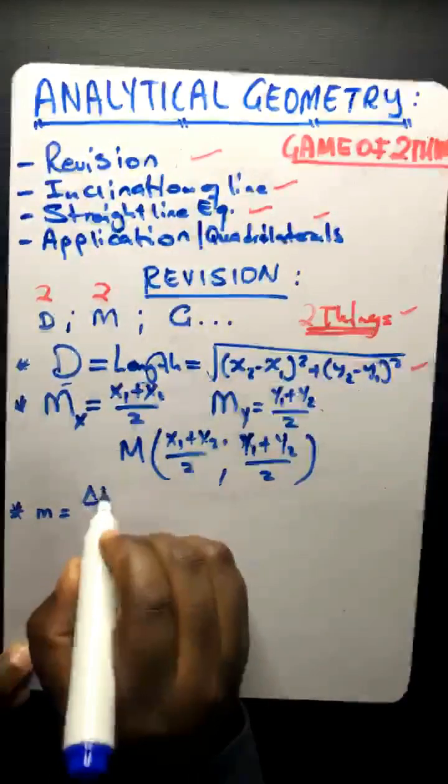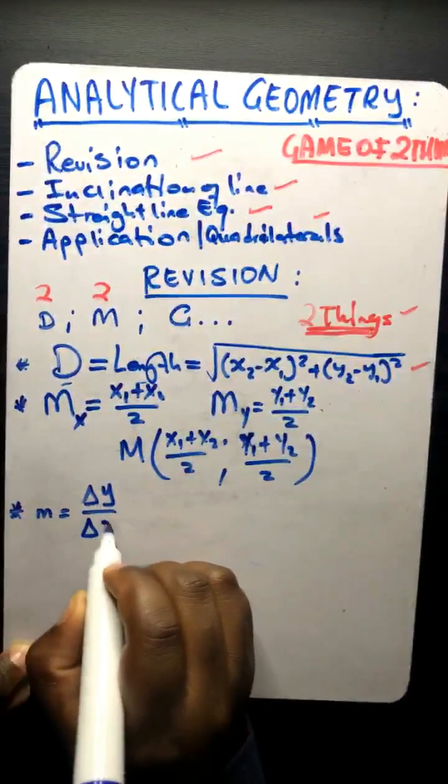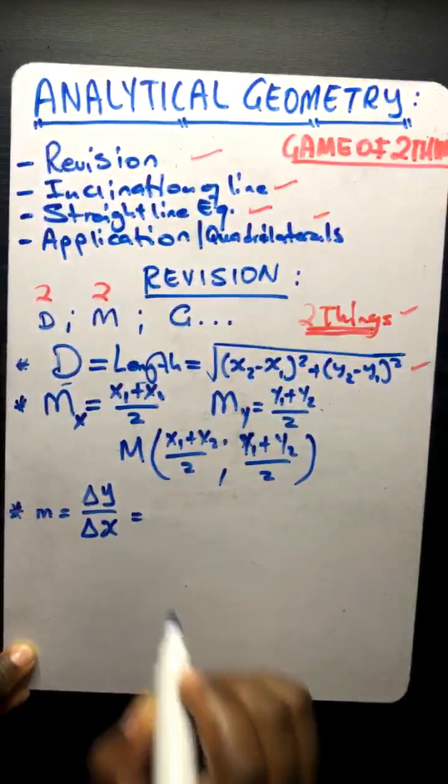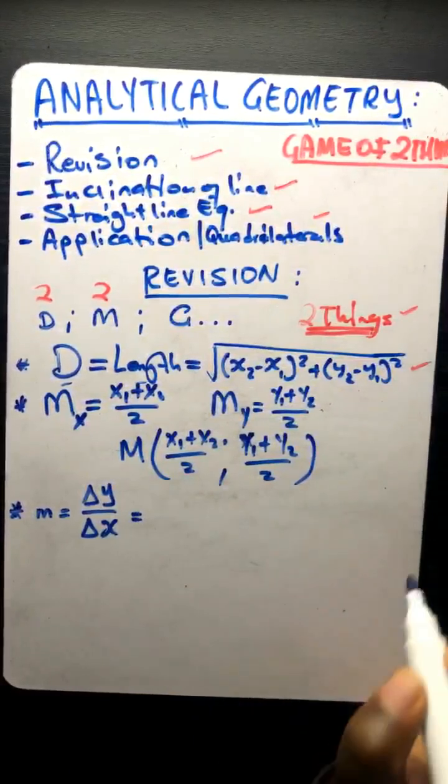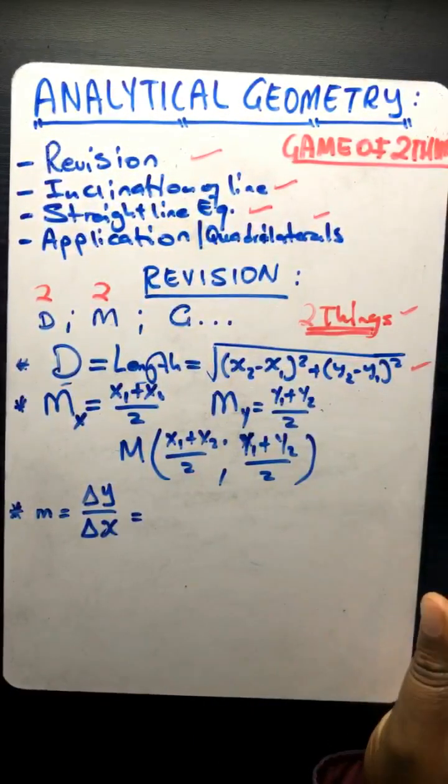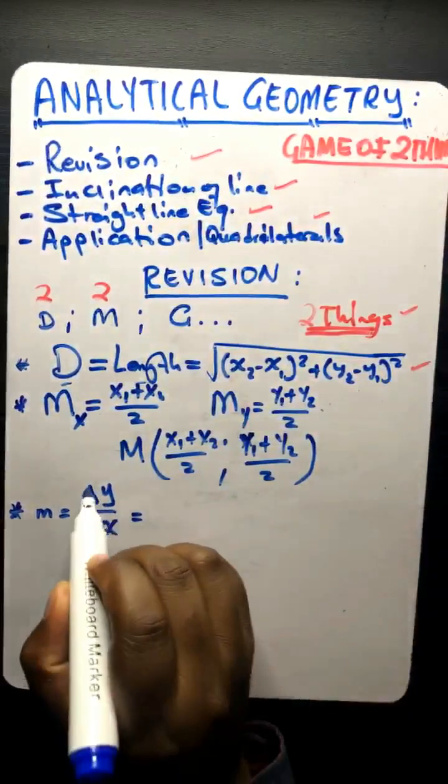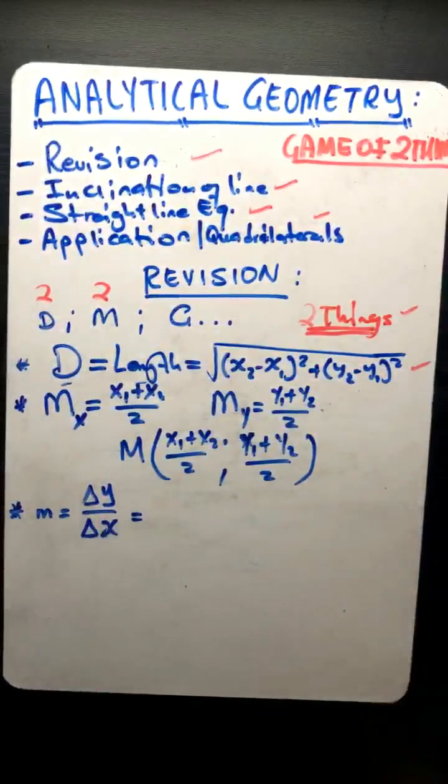It's actually change in y over change in x, which is equal to... whether in physical sciences or mathematics, the moment you see that sign, which is called delta in Greek, it's actually a Greek word referring to change.